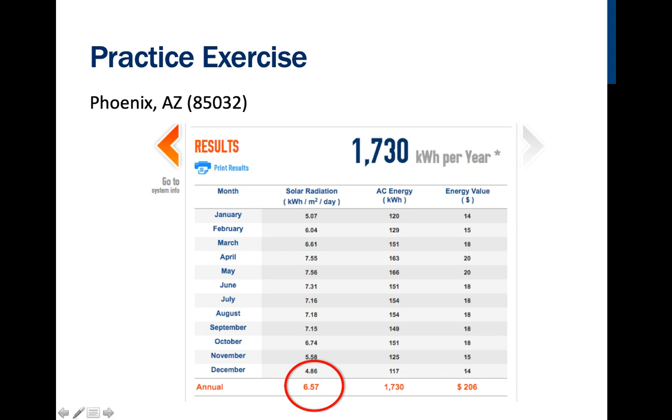Here I have the production number for a 1 kilowatt system by each month for a grand total. And in this column is my solar radiation, or my solar resource, per month, and then an average, 6.57 sun hours per day, or I could say 6.57 kilowatt hours per meter squared per day.